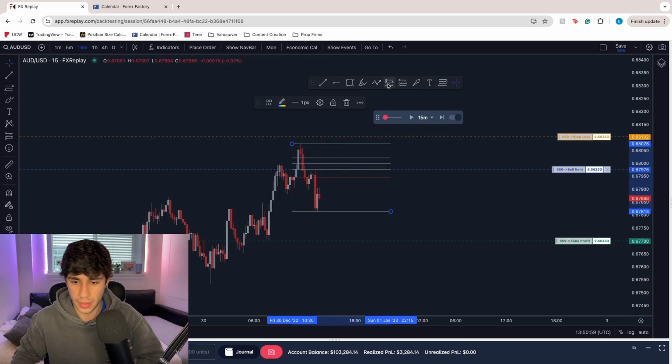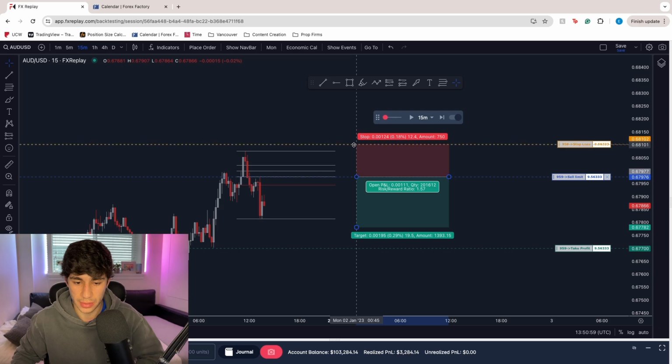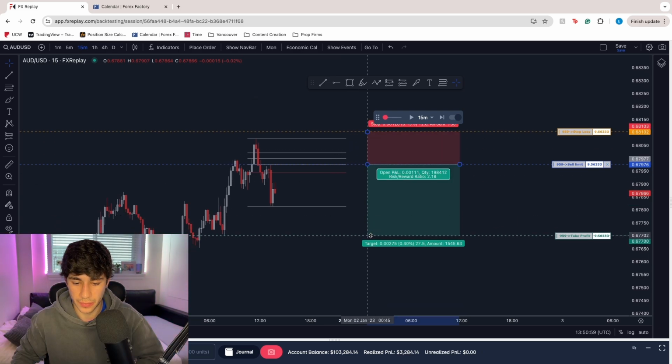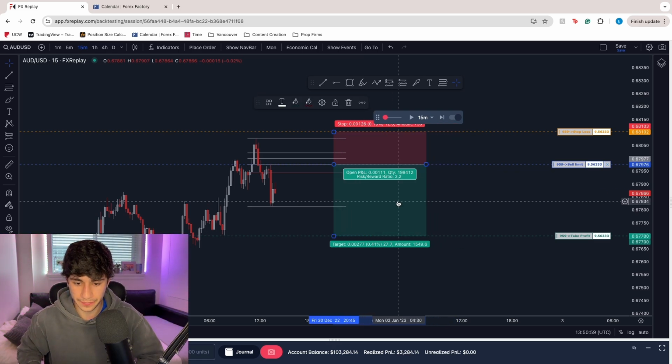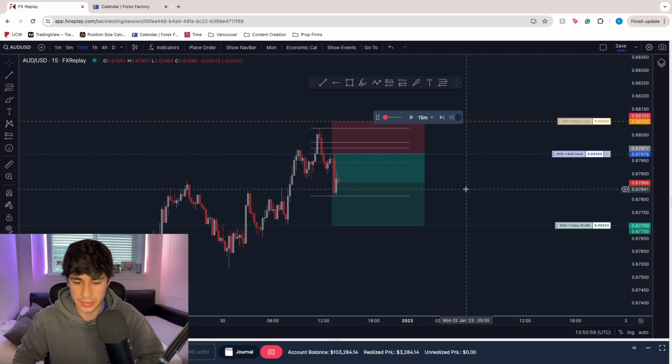Here is that I forgot to move my entry level and it got activated. So I want to be fair with myself, and this was my stop loss in this point and my target this point here. So let's move this here.